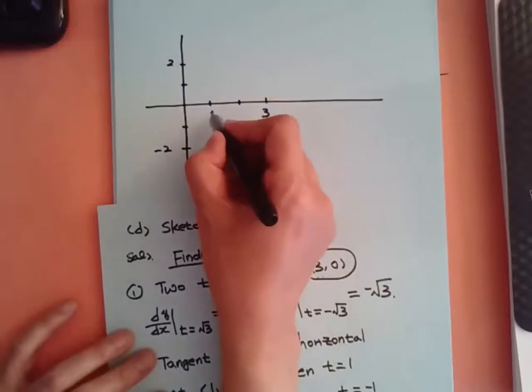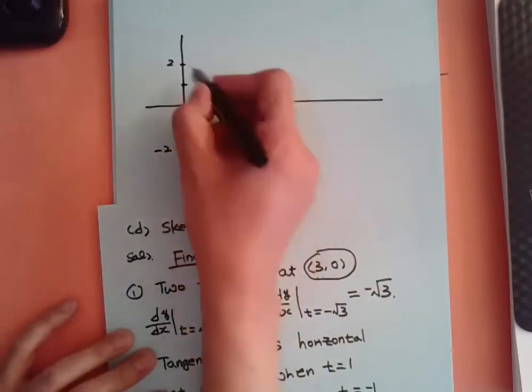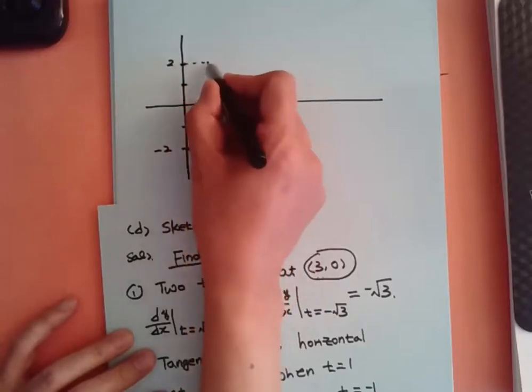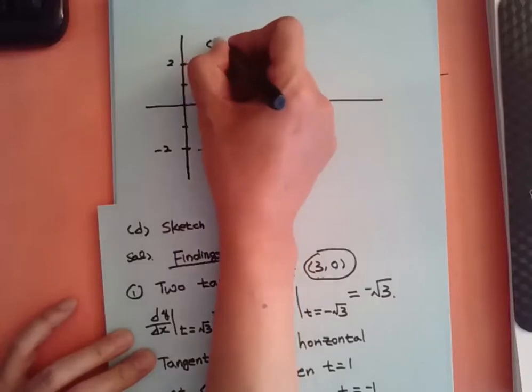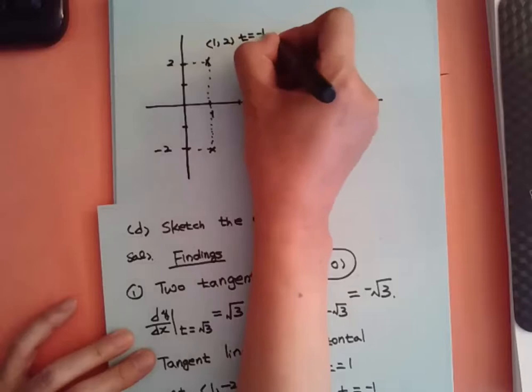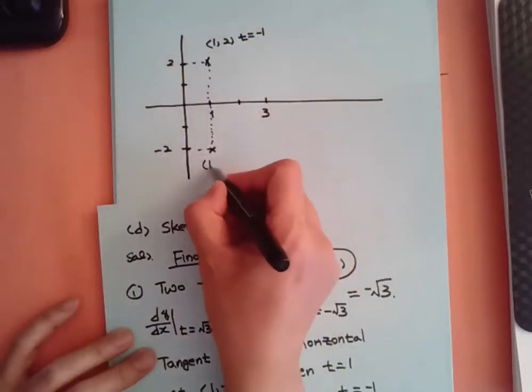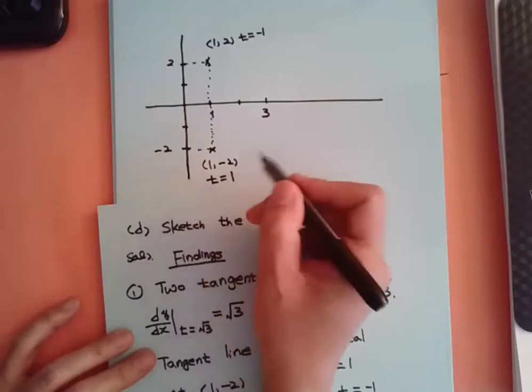This is (1, 2) when t is minus 1, and this is (1, minus 2) that happened when t equals 1.